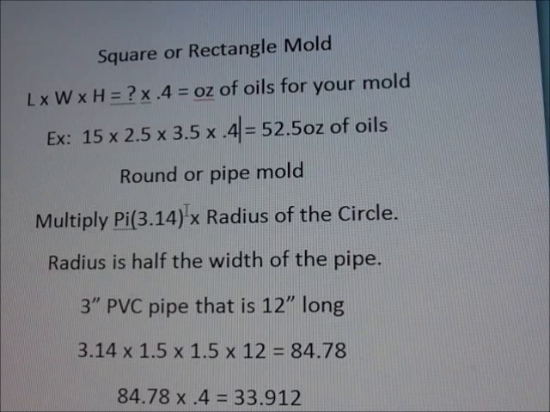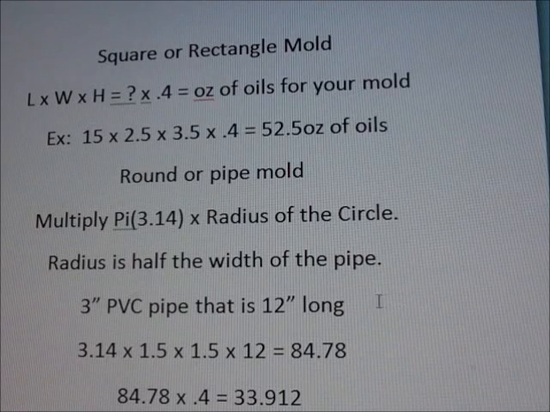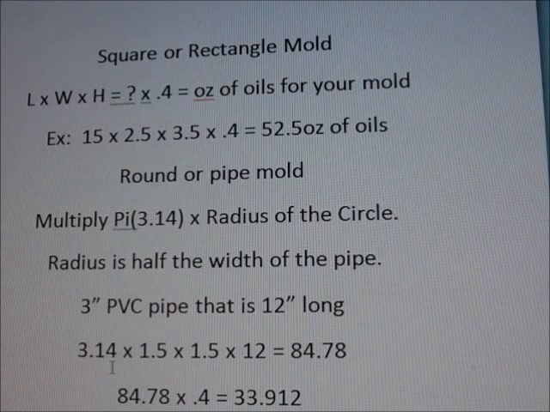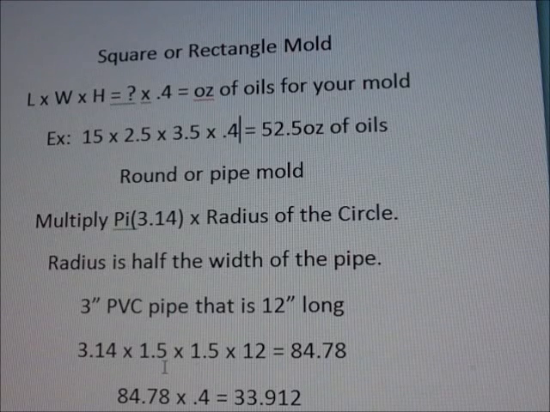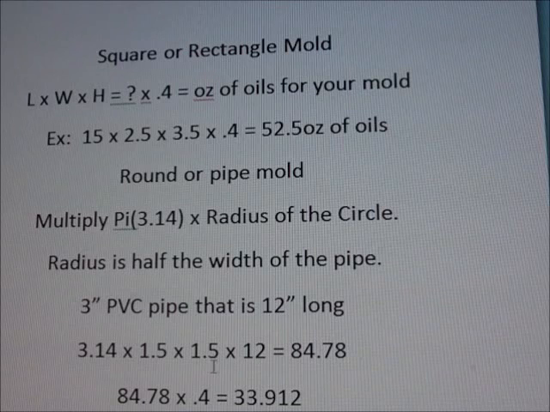So let's do an example of a 3-inch PVC pipe that is 12 inches long. You're going to multiply 3.14 times 1.5, which is half of a 3-inch PVC pipe, times 1.5 again, which is the other half of the PVC pipe, times, let's say this pipe is 12 inches tall.